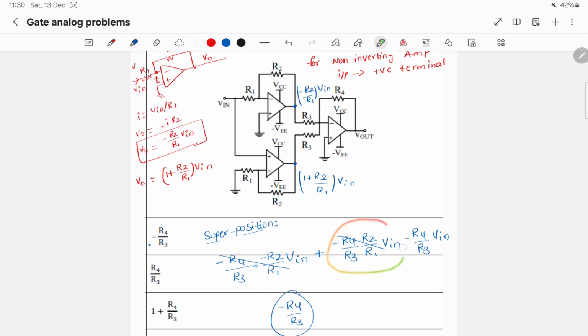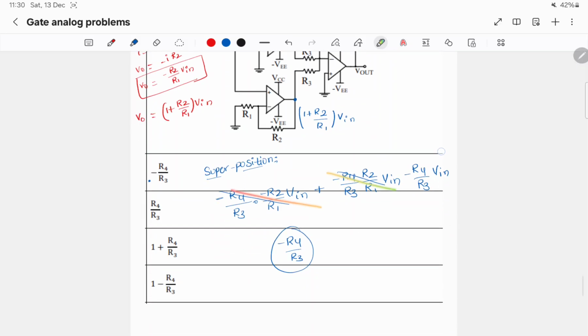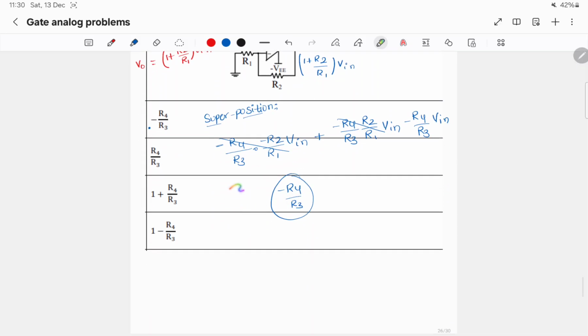I have separated them: minus R4 by R3 into R2 by R1 times of Vn plus minus R4 by R3 times of Vn. These two terms will get cancelled out. So the gain V0 by Vn will be minus R4 by R3. The answer is minus R4 by R3.